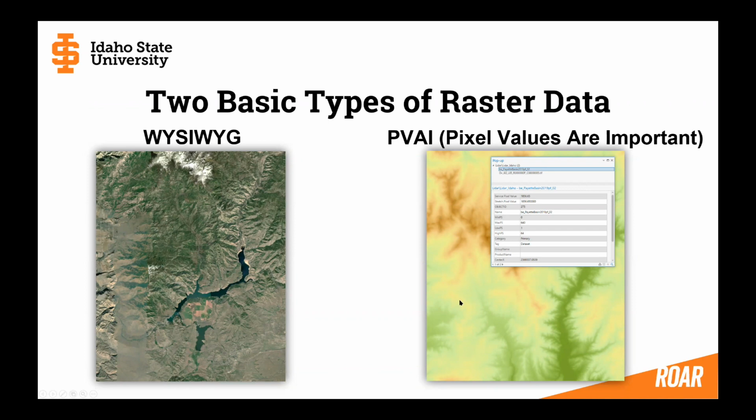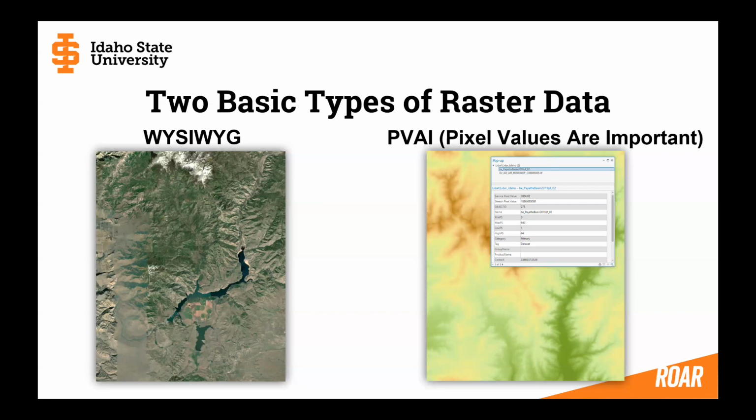We're not necessarily sure which one's higher and lower, other than interpreting it as green is usually considered lower and the browns would be considered higher elevation. By the way, these are not the same exact areas. Now, pixel values are important.